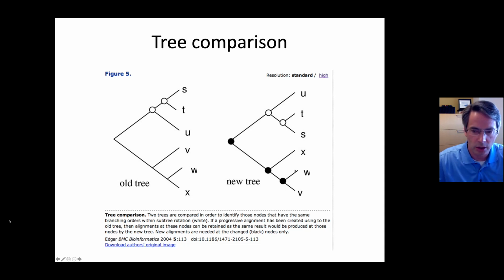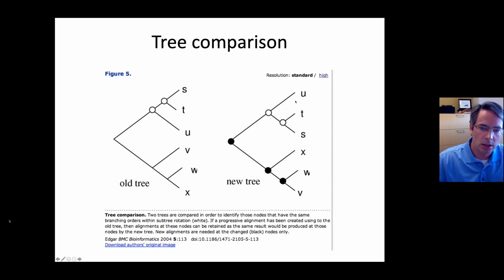Hopefully that makes sense. So this tree is based on that first alignment. This tree was based on the k-mer counting. And so this is the consistency metric that MUSCLE is going to use.